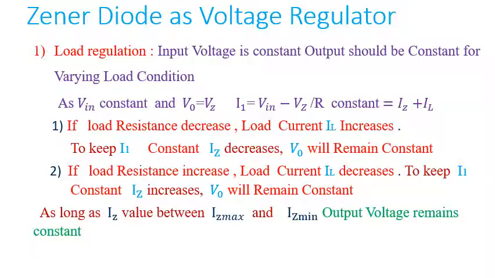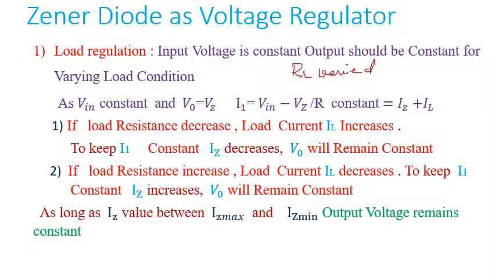Load regulation. As the name indicates, input voltage is constant, output should be constant for variation of load. RL is varied. So at Vin constant, V naught equal to Vz, I1 equal to Vin minus Vz by R is constant, which is equal to IZ plus IL.